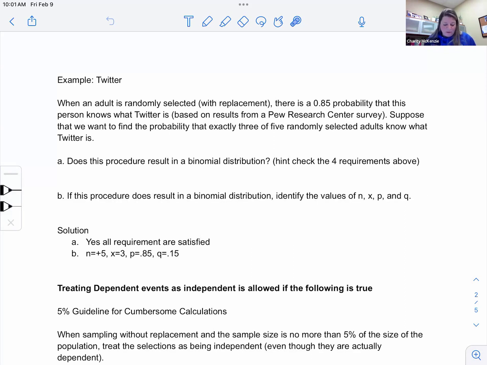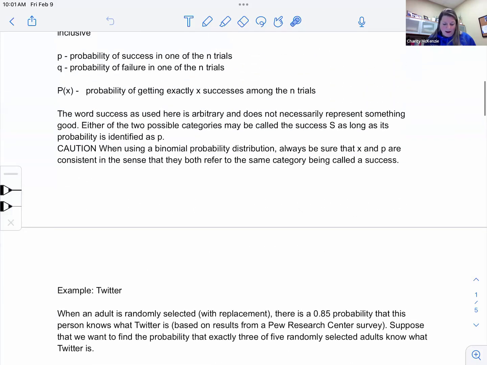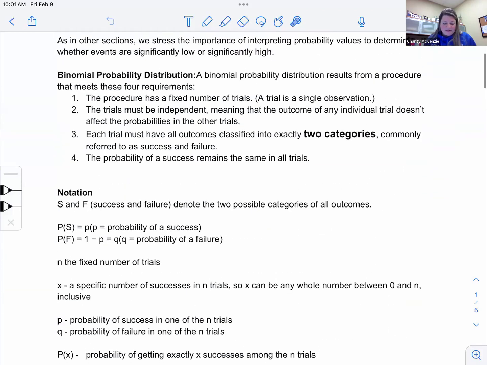So let's go through our requirements. Is there a fixed number of trials? Yes, 5. We are picking 5 people and we want to know if 3 of them know of Twitter. The trials are independent? Yes, with replacement, meaning they're all in there each time I pull out our sample.